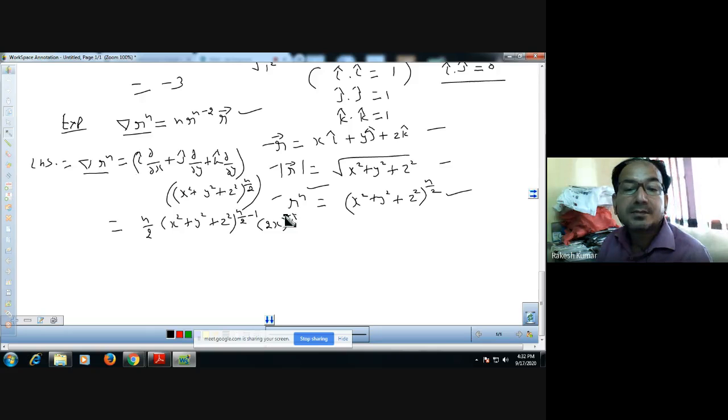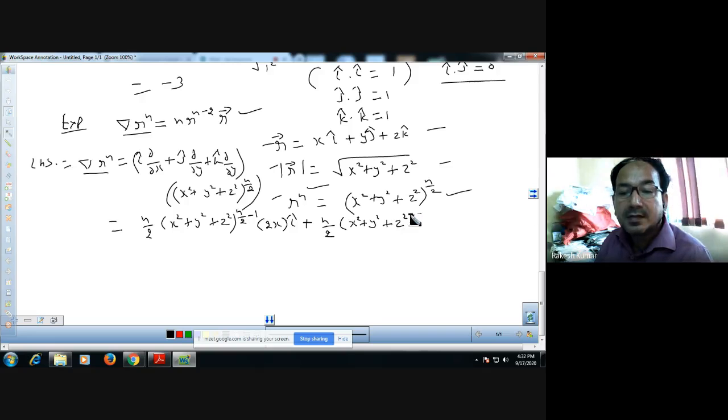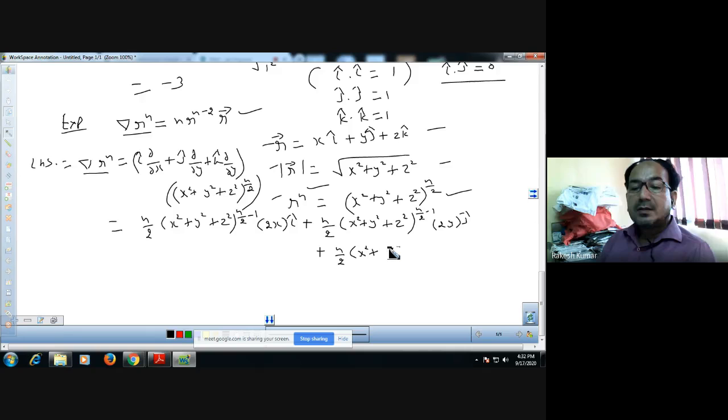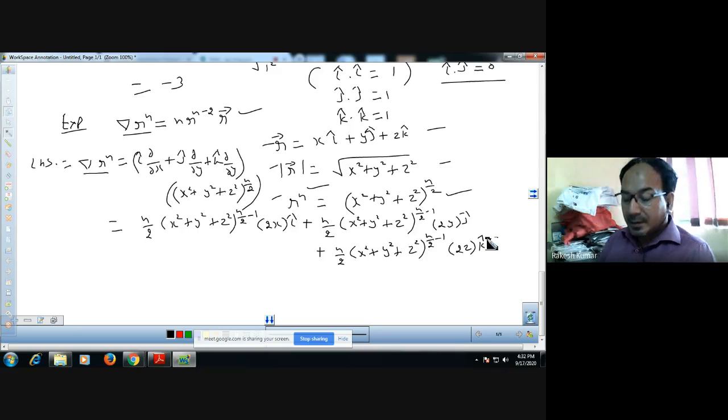This i cap is there, and similarly we can find the derivative with respect to y, and it will be x square plus y square plus z square raised to power n by 2 minus 1 into 2y j cap, and the third term will also be similar, x square plus y square plus z square raised to power n by 2 minus 1 into 2z k cap.